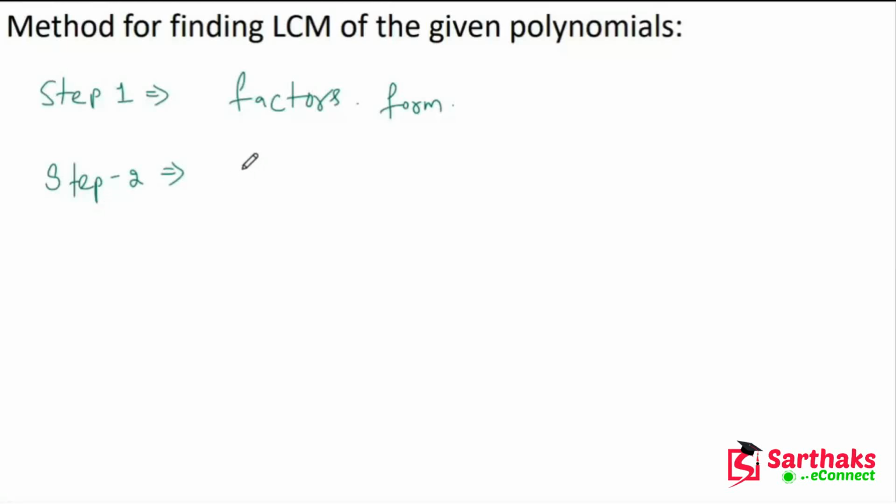So we have to consider the irreducible factors once, and for each of these factors, consider the greatest exponent in the factorized form of the given polynomials.